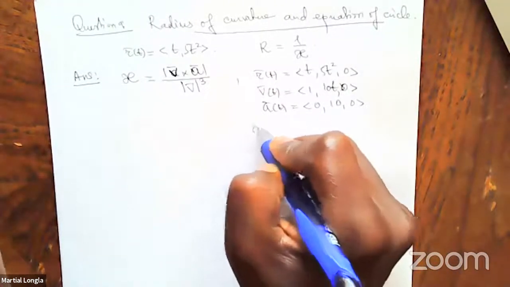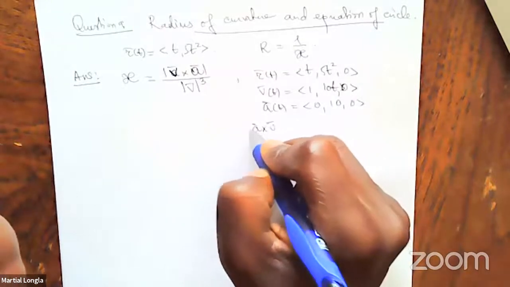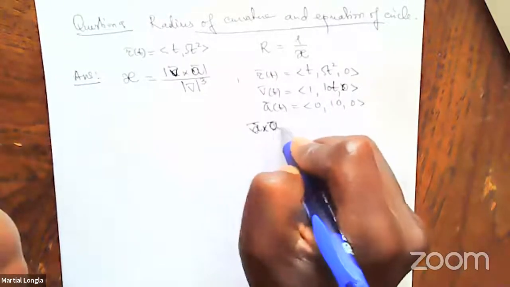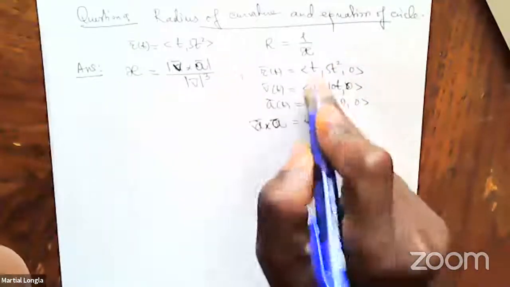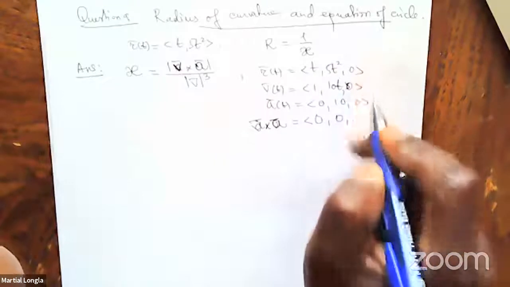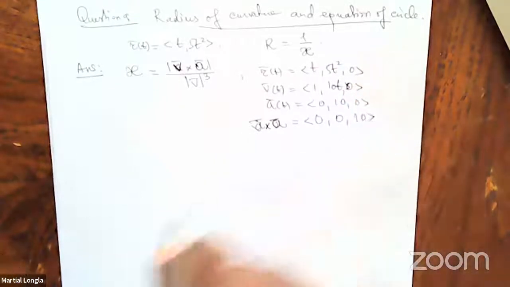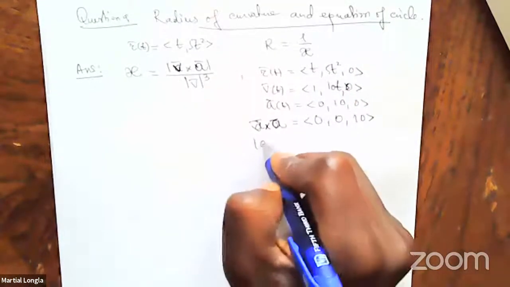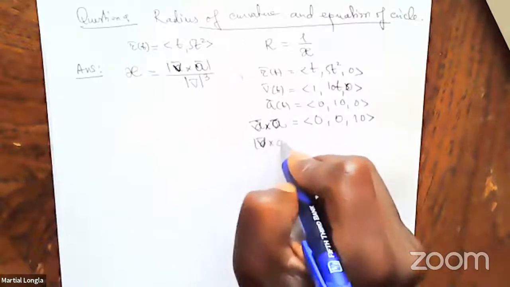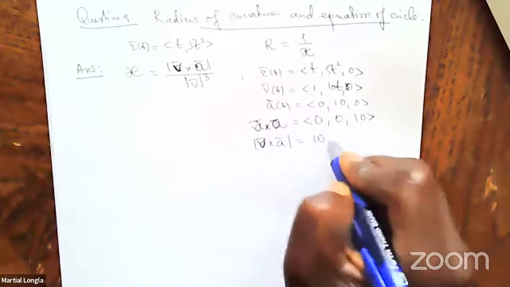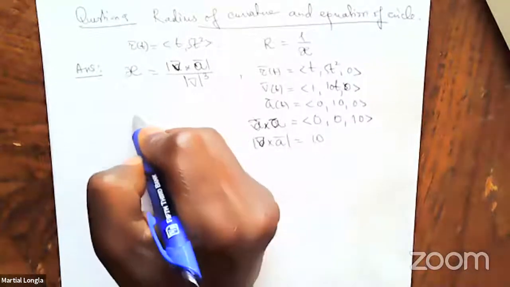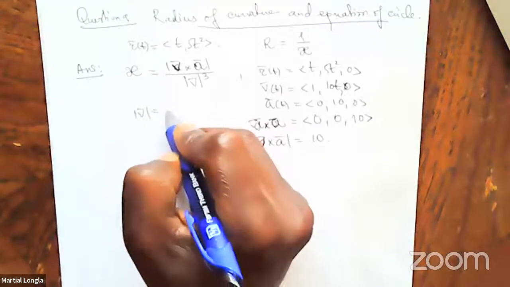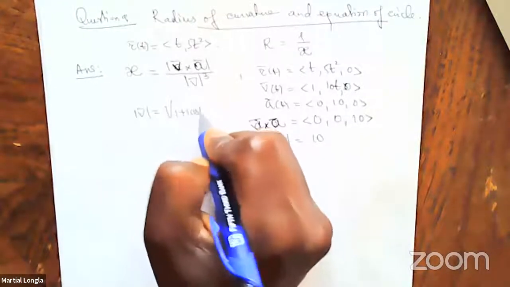v cross a equals 0, 0, and 10. So magnitude of v cross a is 10, square root of 0 squared plus 0 squared plus 10 squared. So magnitude of v is square root of 1 plus 100t squared.